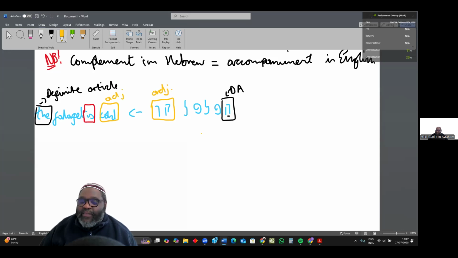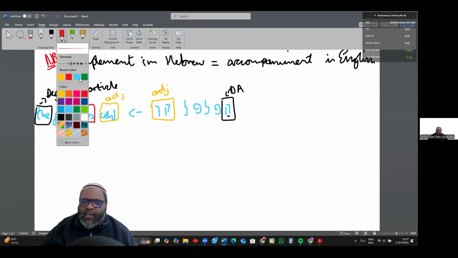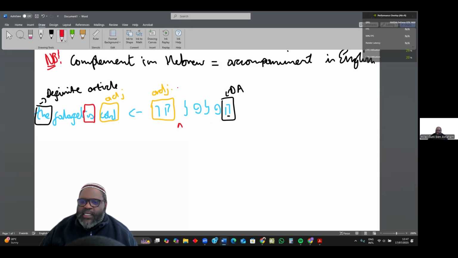One thing that's missing in the Hebrew side is the English verb is, which in Hebrew is hu, he, or hua. It is missing. But we don't need it, because in Hebrew it is subject plus adjective equals a complete sentence. We don't need a verb in Hebrew.